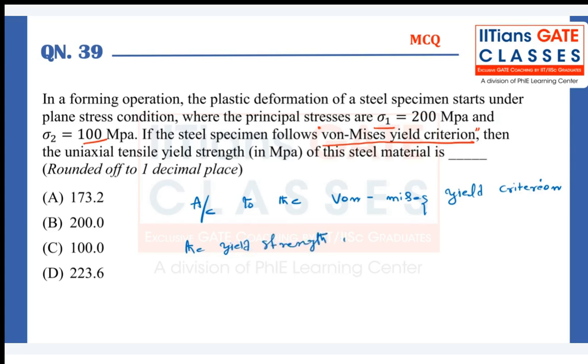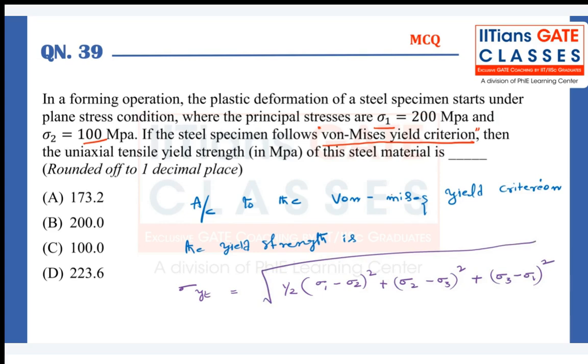Now I would like to highlight one thing, that is the yield criterion. The tensile yield strength is equal to half into the square root of sigma 1 minus sigma 2 whole square plus sigma 2 minus sigma 3 whole square plus sigma 3 minus sigma 1 whole square.